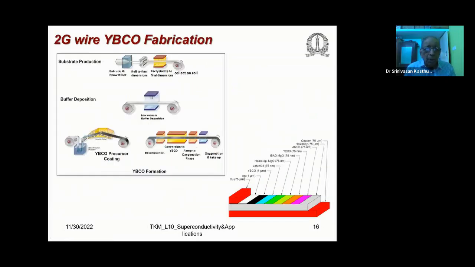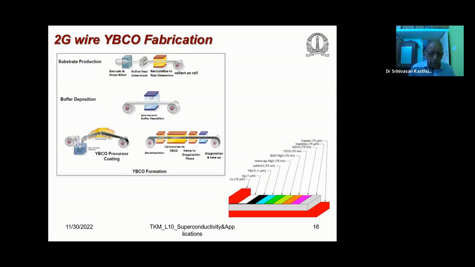Now we go to the development of 2G wire fabrication, that is the second generation. Again, we start with the substrate production: extrude and draw the billet, roll into final dimensions, then recrystallize to final dimensions, and then it is collected on rolls. On this one, we deposit the buffer, through a chemical process.